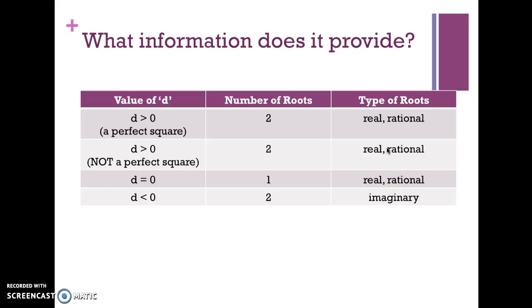And when d equals 0, we're going to have 1 root, and it's going to be real and rational. And when d is less than 0, we're going to have 2 roots, and they're going to be imaginary. So it's important to note, I have a little typo right here, but this should be irrational right here.